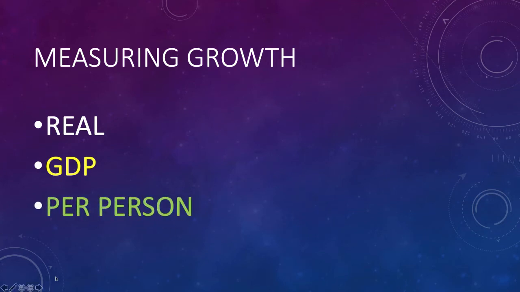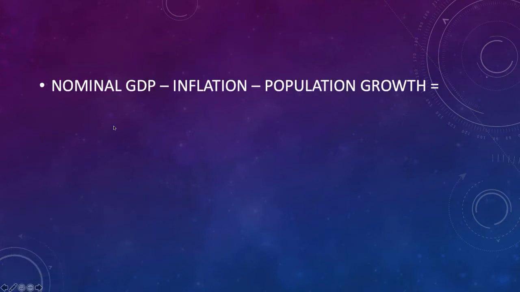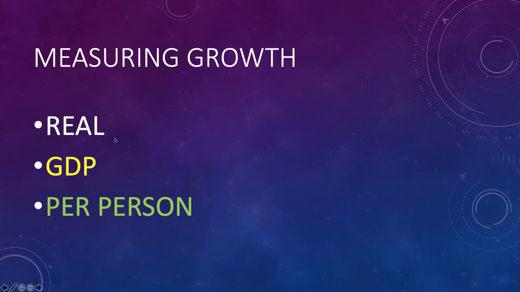So we're looking very specifically here at real GDP. And remember, when we talk about real GDP, we are talking about the inflation adjusted GDP. So we're taking these numbers and we are adjusting them for changes in price.